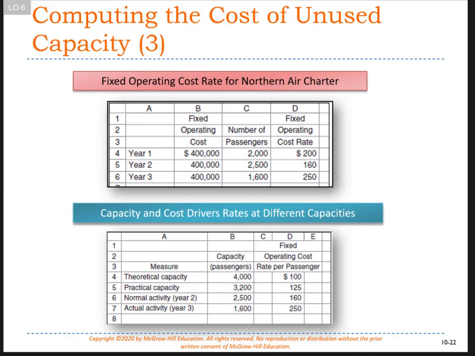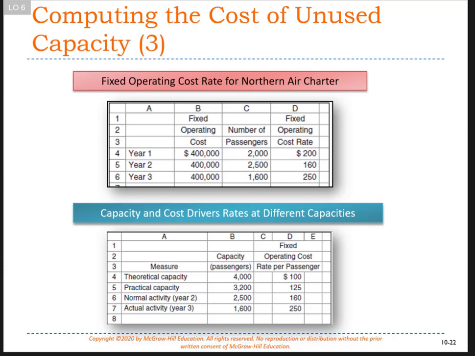And that would be $100 per passenger, but that's not practical. Practical is more like 3,200, but that's still more than we've ever done before. The normal, if we consider year 2 to be the normal, is 2,500, which is $160 per passenger. And then we've had year 3, not so good a year at all, and that was only 1,600. And you see the cost per passenger there.